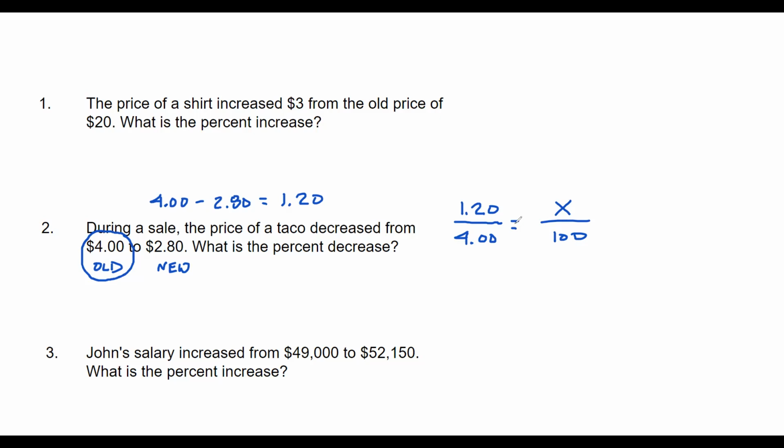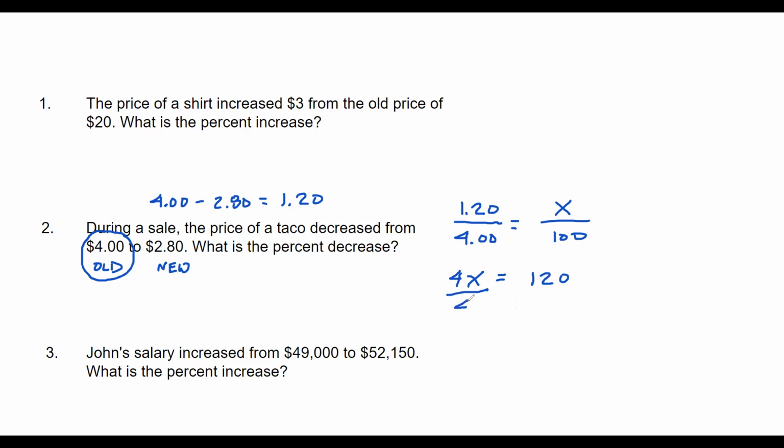Let's cross multiply. 4 times x is equal to 1.20 times 100, which is 120. Do that with your calculator to prove that that's what it gives you.